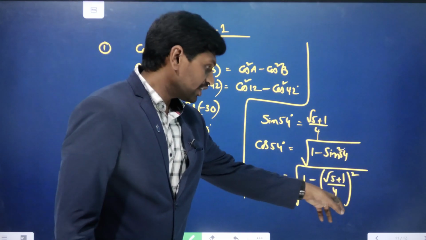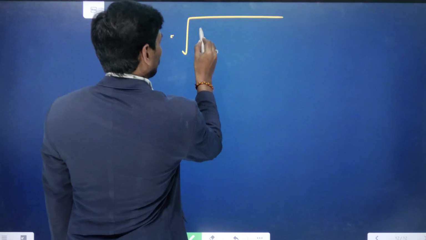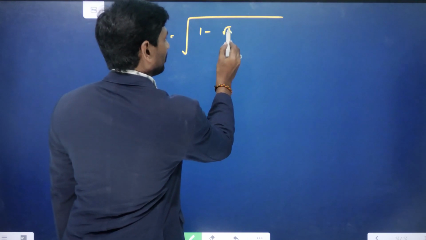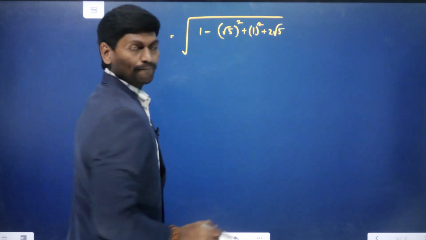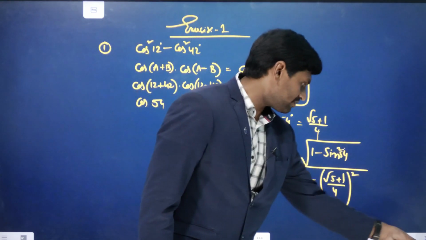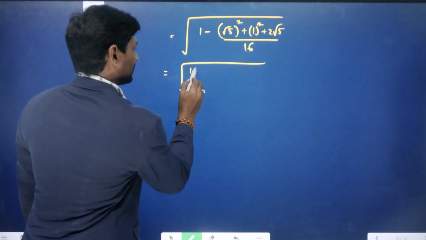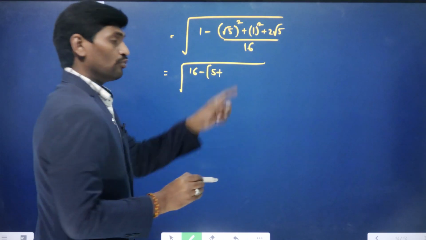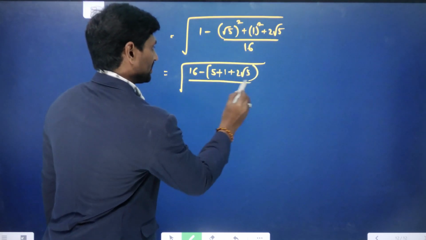So that is nothing but numerator and denominator with the square in roots. That equals root over 1 minus root 5 plus 1 whole square, using the a plus b whole square formula, a square plus b square plus 2ab, divided by 4 square, which is 16. It is looking like a mixed fraction again. 16 ones are 16 minus, root 5 whole square value 5, 1 square value 1, plus 2 root 5, by 16.